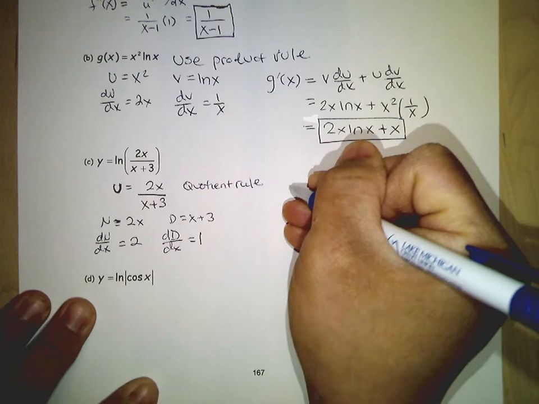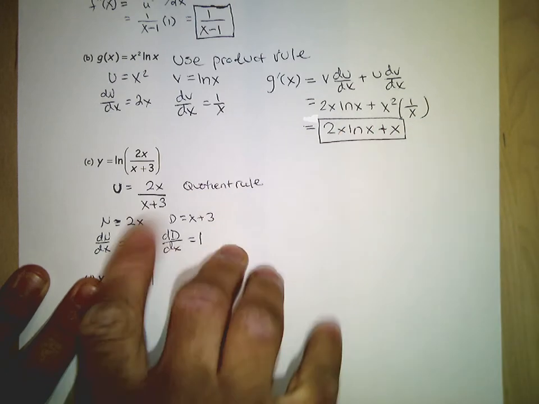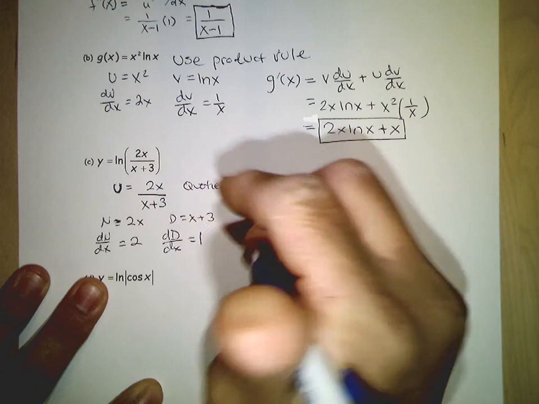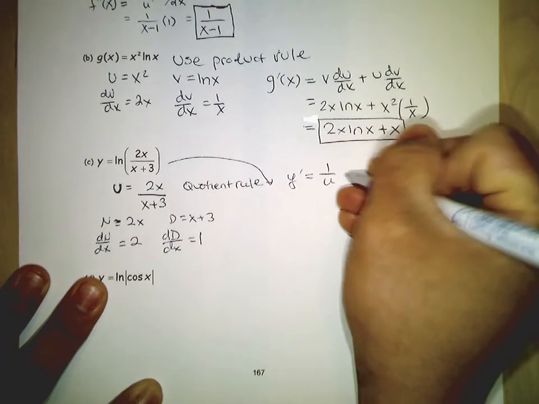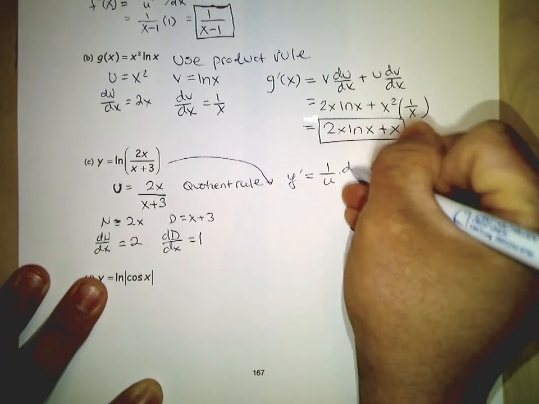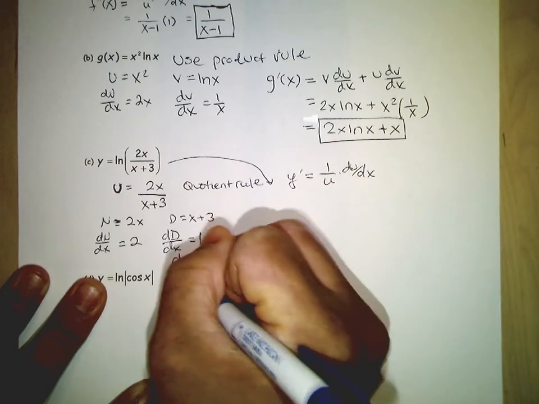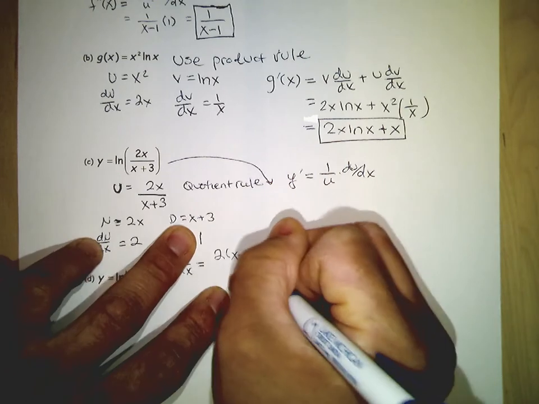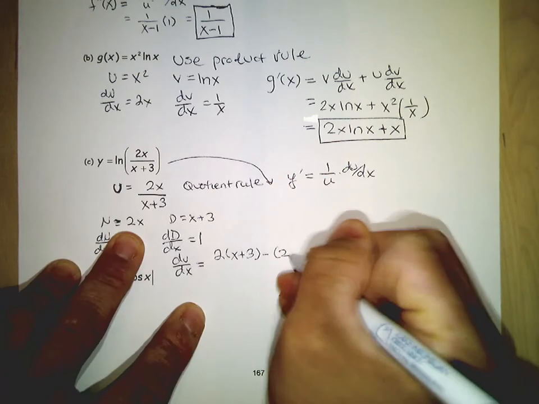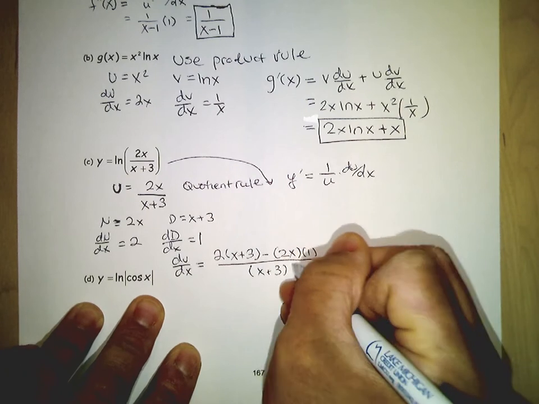So using the quotient rule, try to make sure that you know what's going on, all right? So y prime is 1 over u times du/dx. So all I'm finding now is du/dx. So that will be the 2 times x plus 3 minus 2x times 1 all over x plus 3 squared.